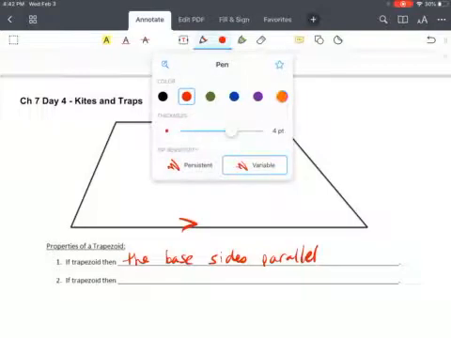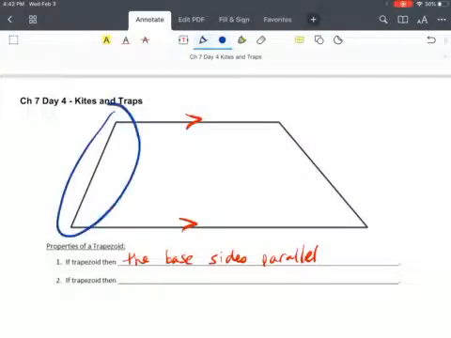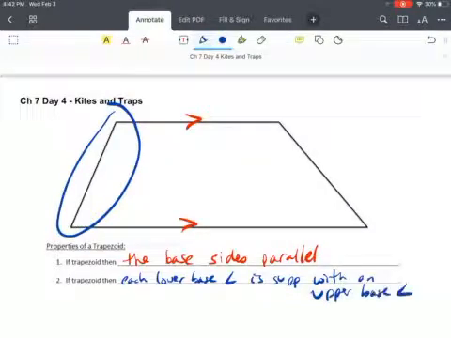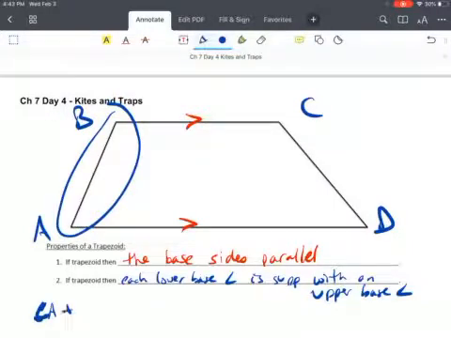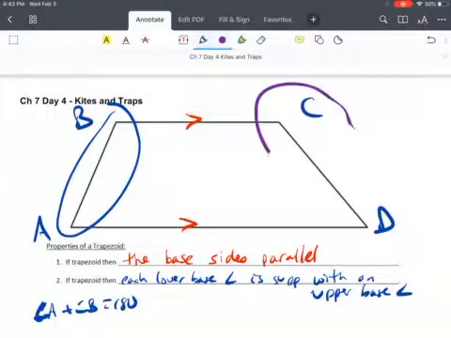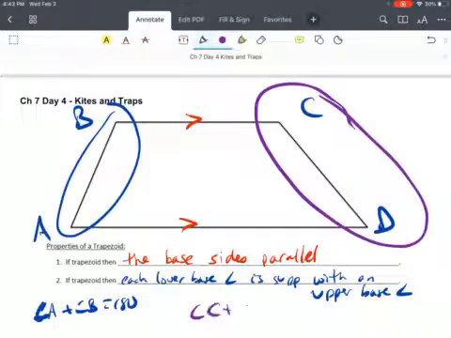And then coming from that property, each lower base angle is supplementary with an upper base angle. So if I were to name these angles A, B, C, and D, that would mean that angle A plus angle B equals 180 degrees. And then separately on the other side, you would have another pair, which is angle C plus angle D equals 180 degrees.